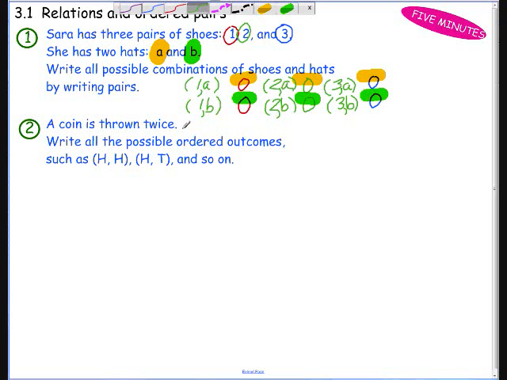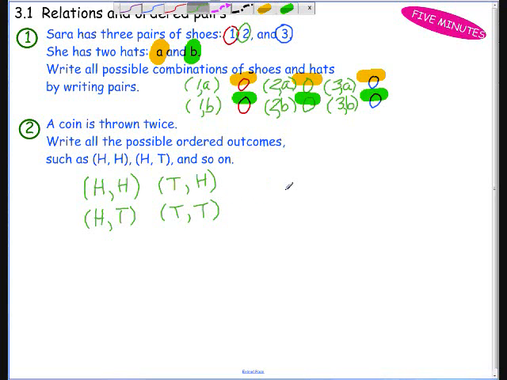A coin is thrown twice. Write all the possible ordered outcomes, such as, okay, I could first throw a head and then throw another head, or that first head could be followed by a tail, or my first throw might not be a head, it might be a tail, and my second throw a head, or that second throw might be a tail.